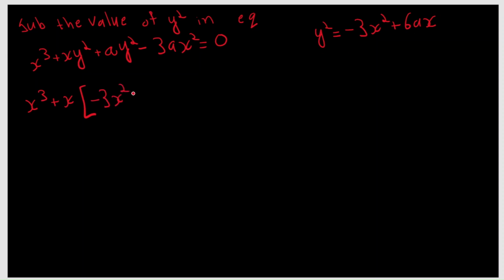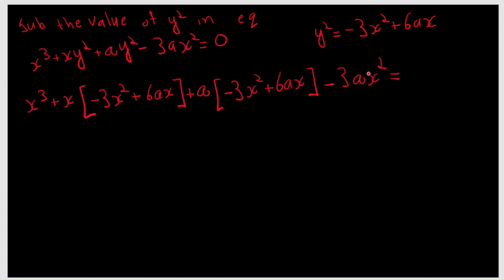Now this is simply algebra, so I'm going to request you to stop the video and try to do it on your own. It ain't that difficult. Try to simplify it, and for the next step you can resume the video and see. Minus 3a x square is equal to 0.